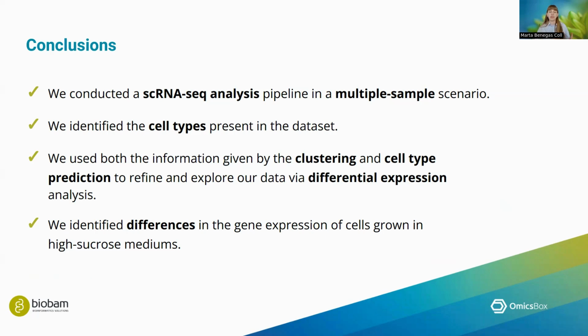And for that, we used both the information given by the clustering and the cell type prediction. And finally, we were able to identify some differences in the gene expression of cells grown in high sucrose mediums.